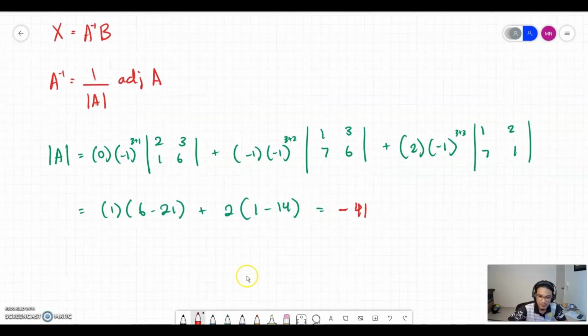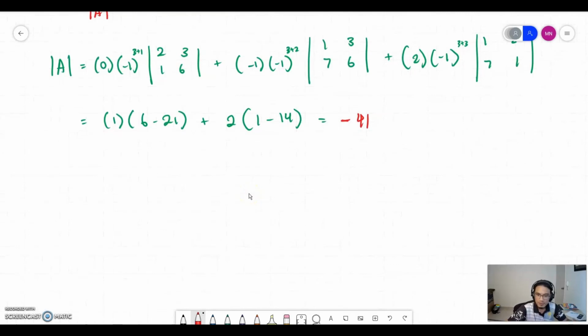Okay, so now we have the determinant. What to do next is to find the adjoint for matrix A. You have to try and find the adjoint by yourself because you already know how to find the adjoint from my previous videos.